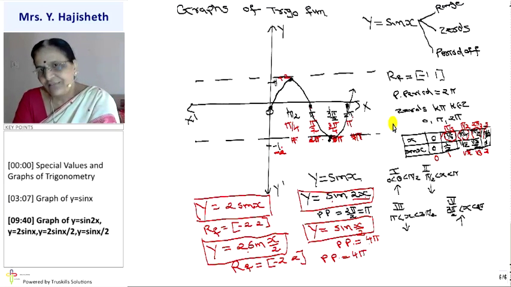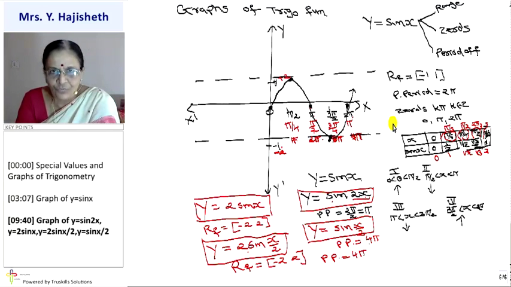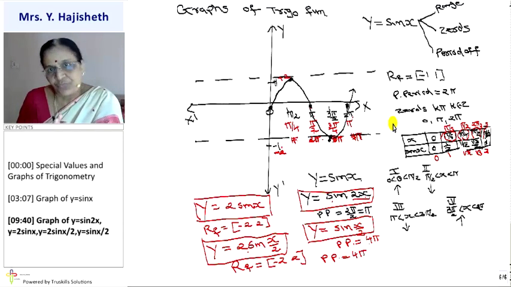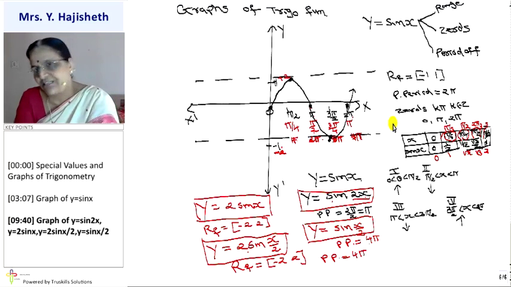In the next session, I will teach you how to draw the graph of y = cos x, and the same changes you are going to do for the graph of y = cos 2x, cos x by 2, 2 cos x and 2 cos x by 2, because you know as far as sin and cos is concerned, the domain is the same, the period is the same, the range is the same, only zeros are different and the behavior of increasing and decreasing is different.